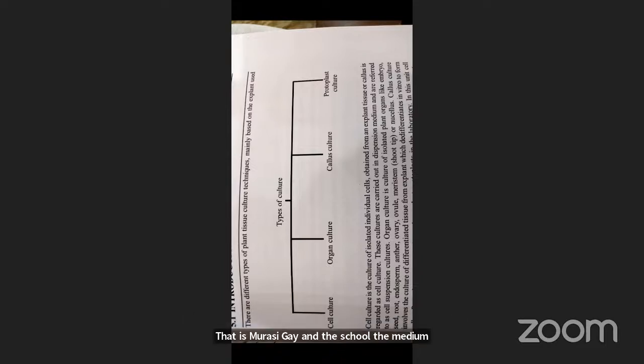In 1957, Miller and Skoog demonstrated that plant growth regulators controlled bud formation in tobacco stem segments by varying the concentration of auxins and cytokinins. So that is the Miller and Skoog experiment.